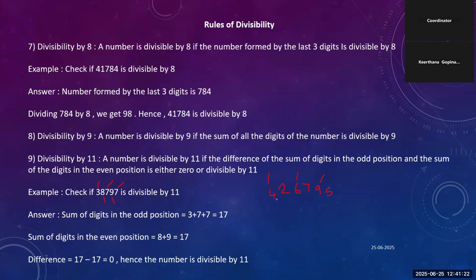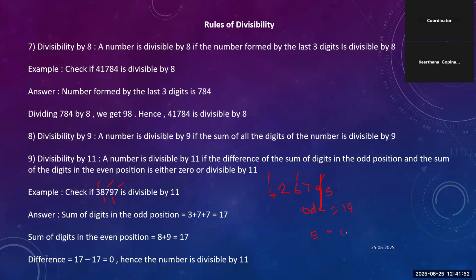So the total is how much? 19. Odd sum is equal to 19. Even: what is the sum of the even position numbers? 2, 7 and 5. 7 plus 5 is 12... the even sum is 14.